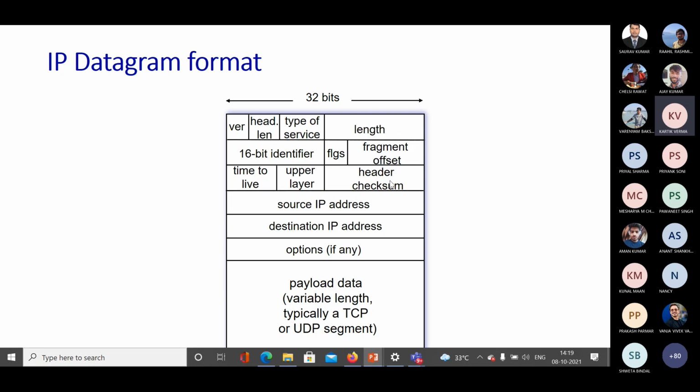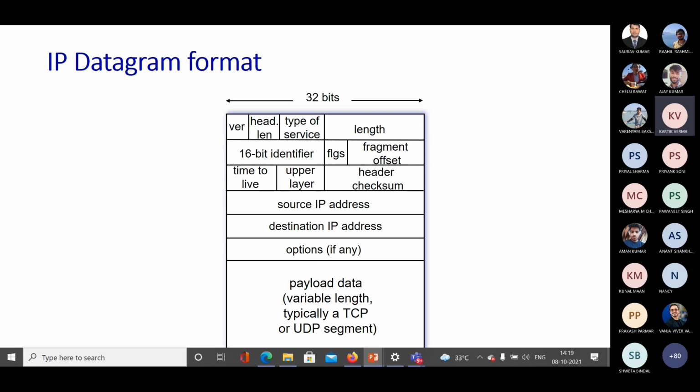The upper layer protocol information, the header checksum. Then you have the source IP address and the destination IP address, the most important things. Any packet you have to send, you must have the source and destination IP address. There's an options field that is required if you want some.